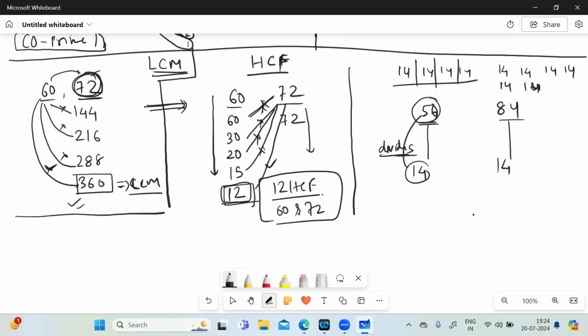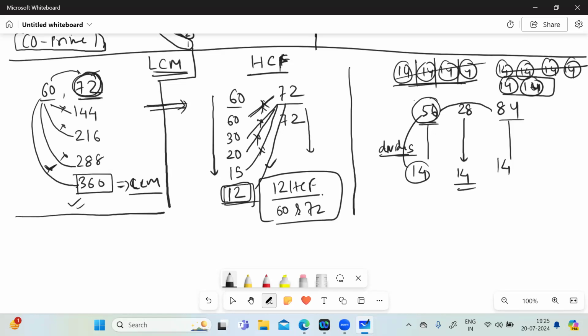So if we subtract 56 from 84, I'll be getting 28. And by default, 28 will also get divided by 14. Why? Because 56 was a set of 14 and 84 was also a set of 14. So 6 sets of 14 here, and 4 sets of 14 there. If I subtract, I'll be basically getting 2 sets of 14 only.